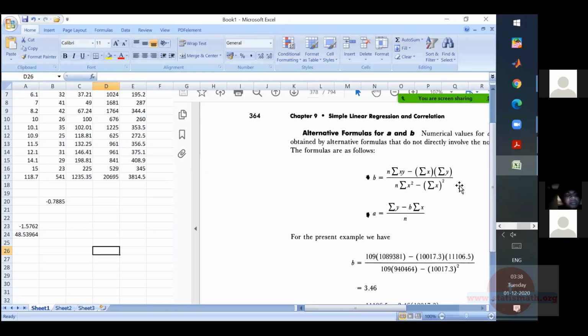So when x increases, when the age increases by 1 month, the liver volume of the child is decreased by 1.5762 times. In fact, 1.6 times negative, that is decreased by 1.6 times. So that is the meaning of this.